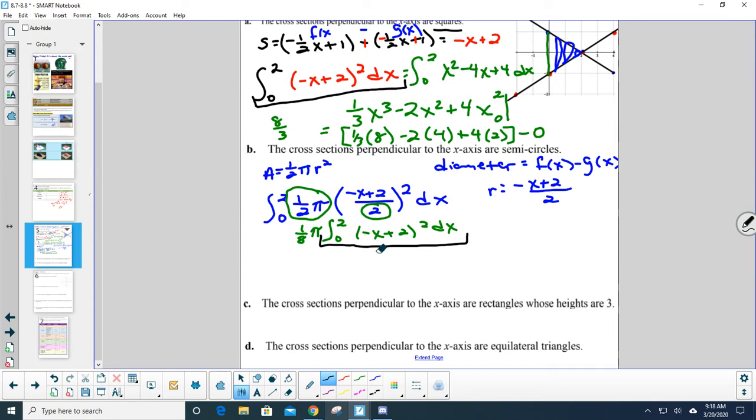So I'm not going to reinvent the wheel. I've already done this in A. So I've got my 1/8 and my pi, and I found up here in part A that this answer was 8/3. So then I multiply everything together and I end up with pi over 3. That's my volume if I were to use semicircles in there and add up all the semicircles.